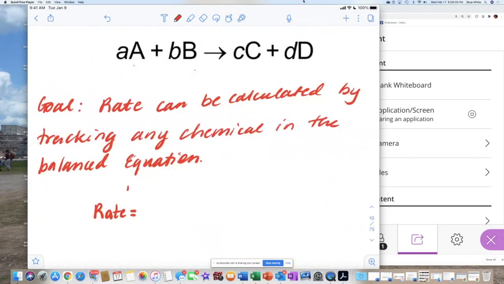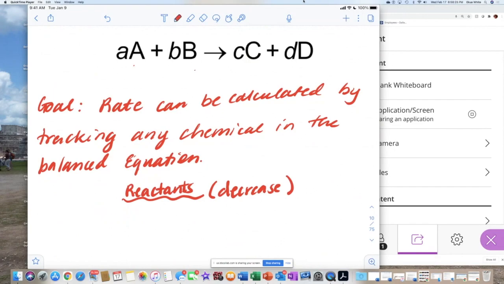Rate, I'll start with the reactants. So I'll say here reactants. For my reactants in the balanced equation, my rate is, remember reactants, I'm going to write here to remind myself, decrease, therefore negative. The rate here will be rate equal negative, right? Because of the decrease part. You put in negative for decrease.